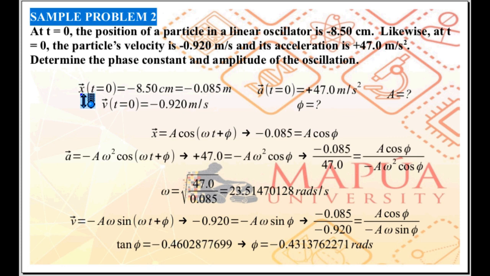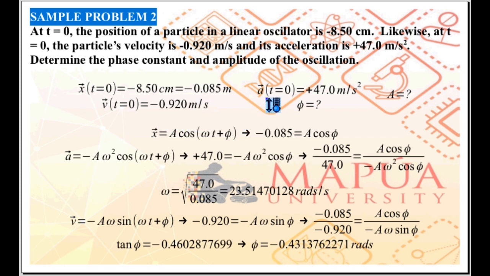We have the position x at t is equal to 0, negative 8.50 centimeters. Convert to meters. We have the velocity at t is equal to 0, negative 0.920 meters per second.